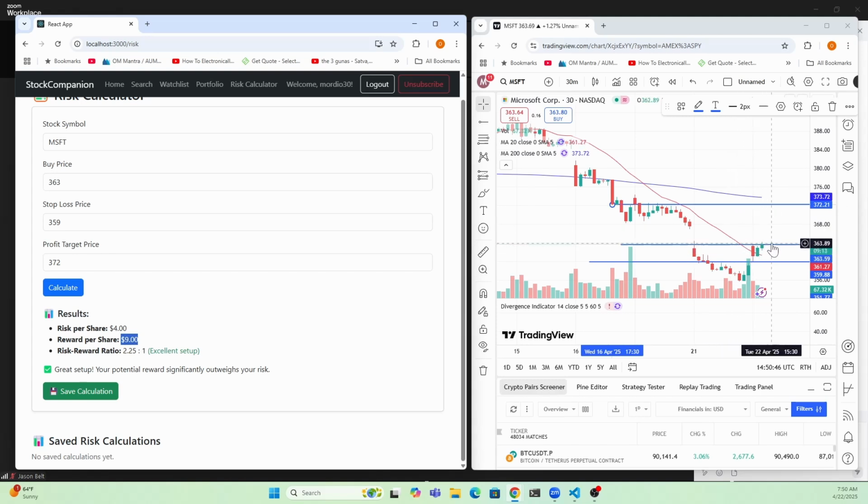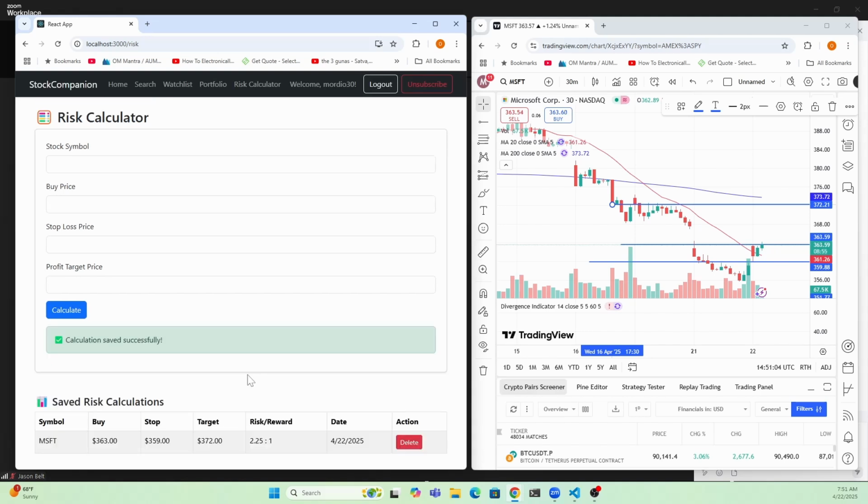So this is a perfect place to simulate your trade and watch to see if it makes it to your profit target. And if it doesn't, you take a small loss. So now let's save our calculated risk, reward, and simulate our trade.